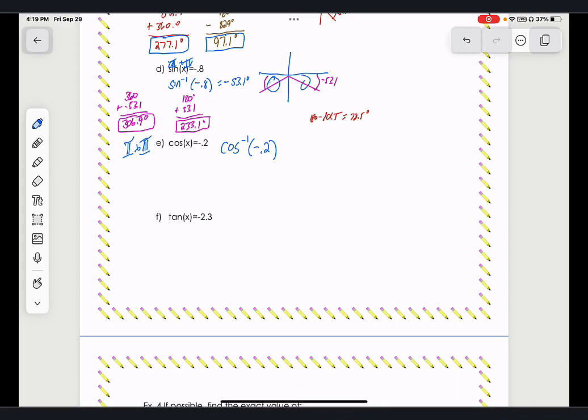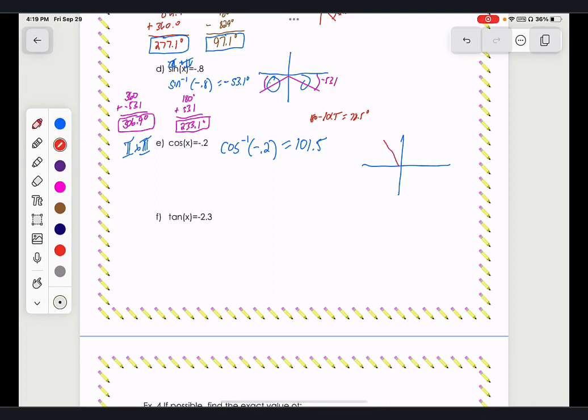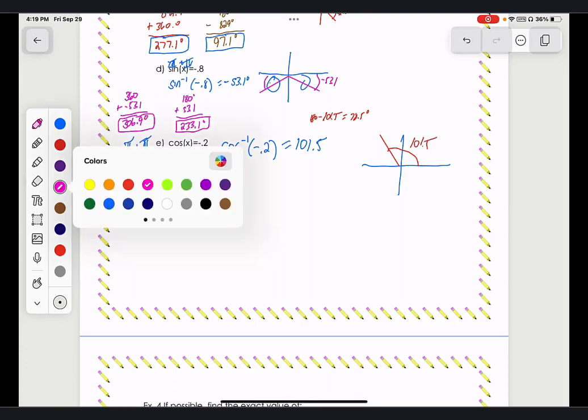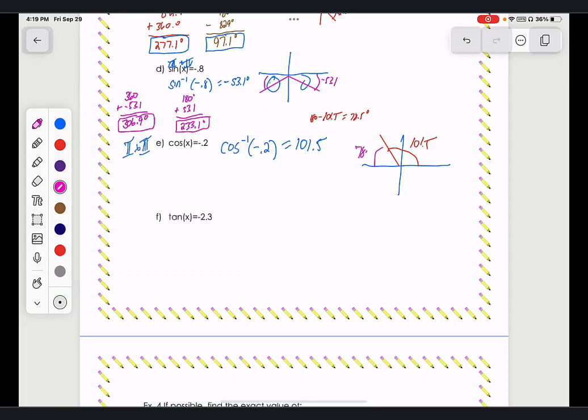And when we plug that in, we're going to get the angle 101.5. So that's one of our angles, and that's between 0 and 360, which is what we want. So that looks something like this. So if this is 101.5, that leaves us that this angle here must be 78.5. And we're going to also have that same 78.5 down here, which is in our quadrant 3.